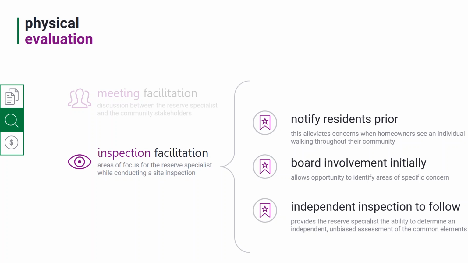But once they've been able to show those pain points, I think all reserve specialists are going to try to let the board know that the reserve specialist needs to, on their own, after they've been given those pieces of information, determine an unbiased opinion of conditions, what's important, what needs to be prioritized. So you do want some separation there between the board giving that input and then the reserve specialist determining their overall findings on their own, unbiased.